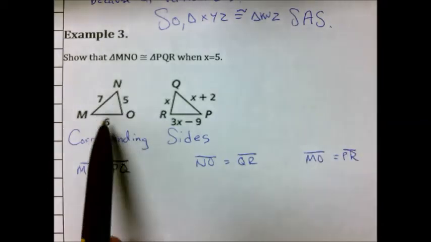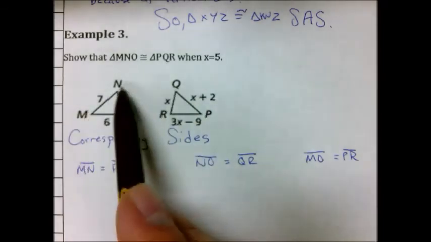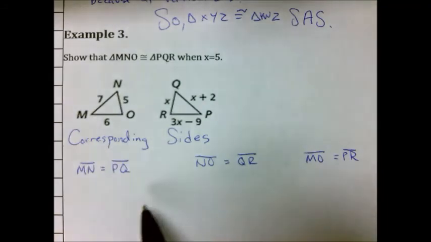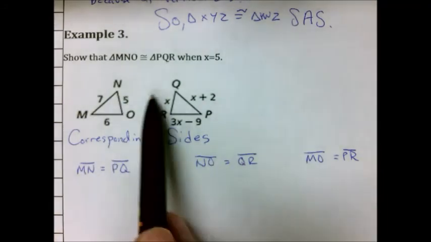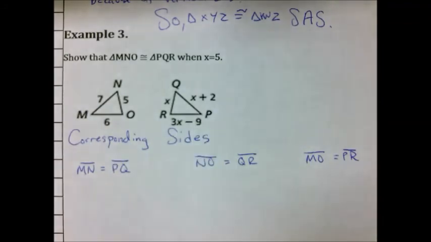All right, and if we look at those, MN and PQ, that looks about right. NO, this little side here, should be about QR, and MO with PR. That looks good. Okay, so now all we're going to do is write in what we know.